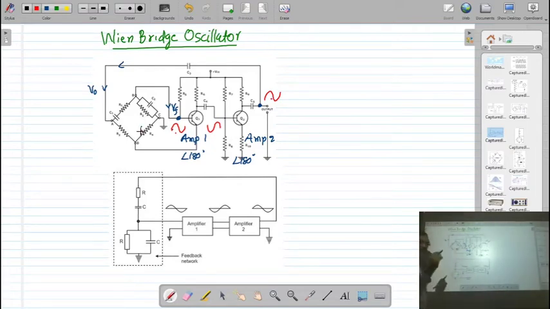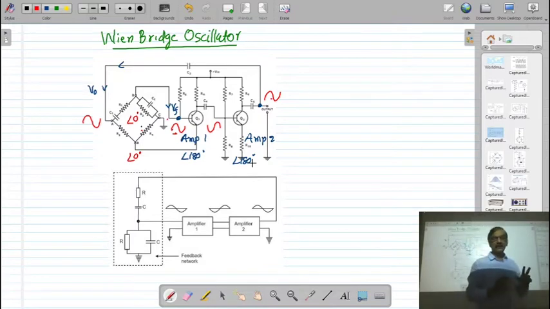Now we know that for a particular frequency, the bridge is not going to offer any kind of phase difference. So if this input signal is like this, then the output signal of the feedback will also be in the same phase. So whatever the bridge network we have, it is going to introduce 0 degree phase shift here. So if you take the total of this, then it is 360 degree, means the condition for the Barkhausen criteria is going to be satisfied, and here we have a kind of positive feedback.